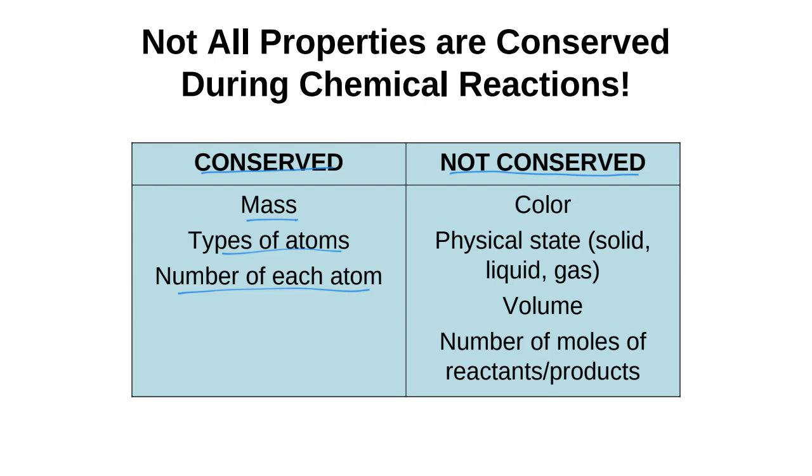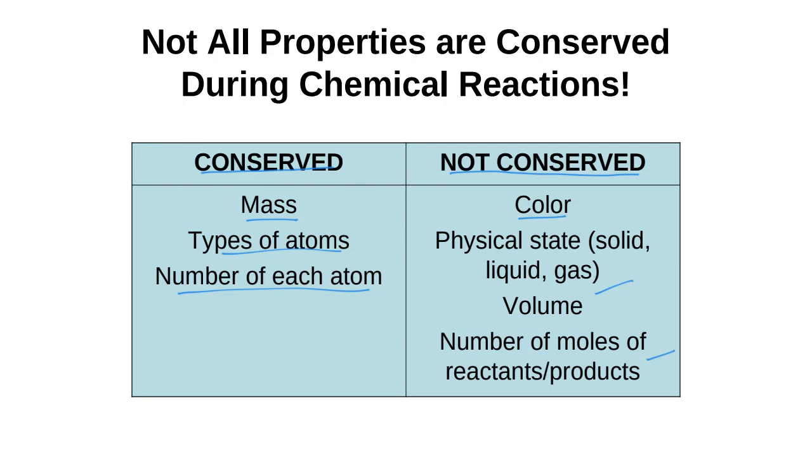The color, the physical state and the number of moles are not conserved. You will get a different number of moles in the product than in the reactant, and the color will change in the product. You may have seen different reactions where the color changes. The physical state can also change.